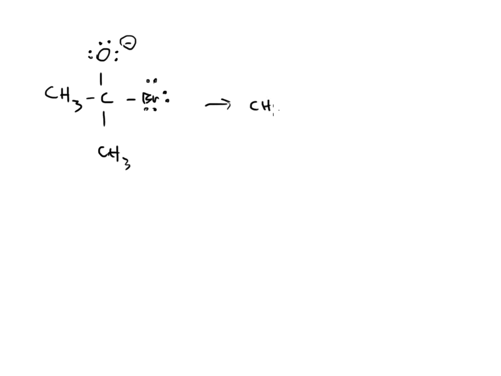And then over here to the right-hand side on the product side of the equation, they're going to draw something that looks like this. Okay, so again, just bear with me for a minute or two. I'm going to erase that bond, and I'm going to put plus Br, and then this is going to be a minus.